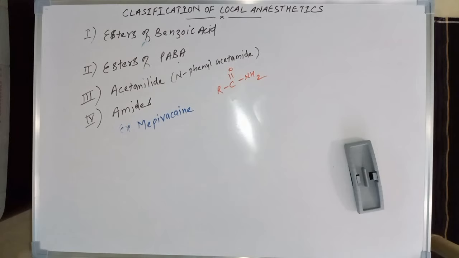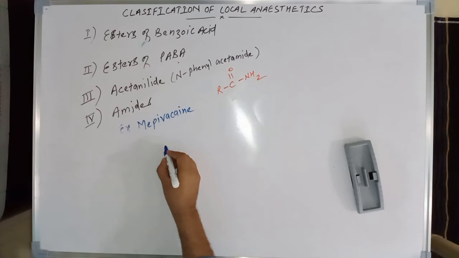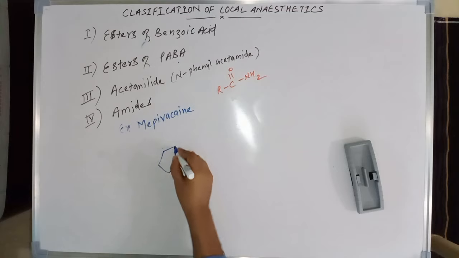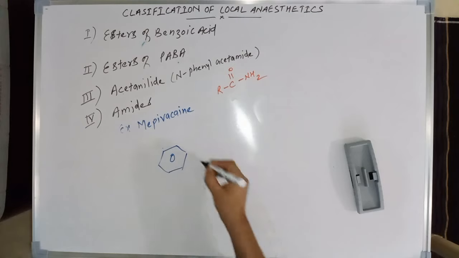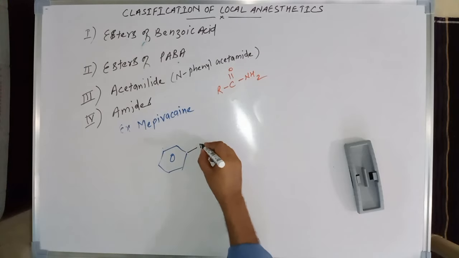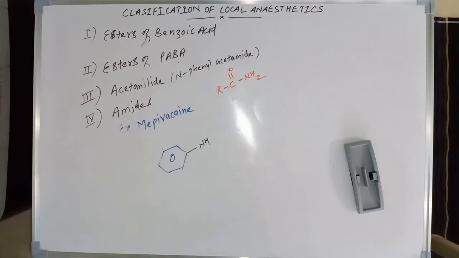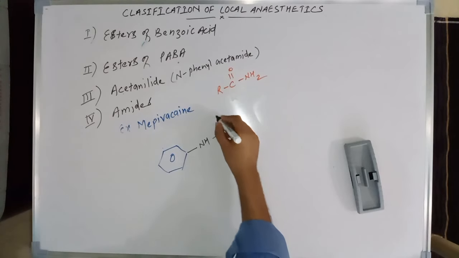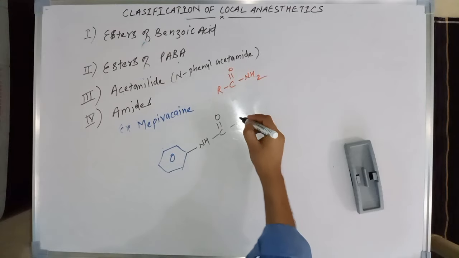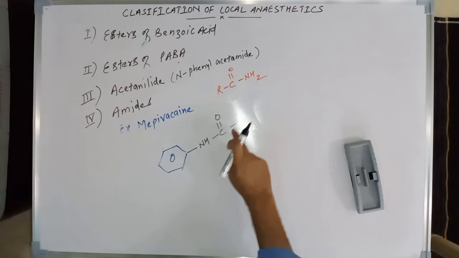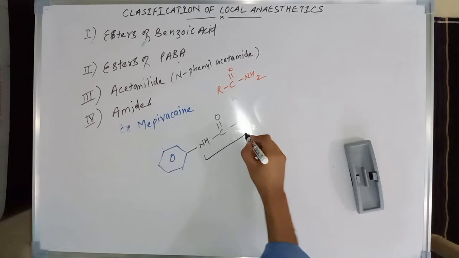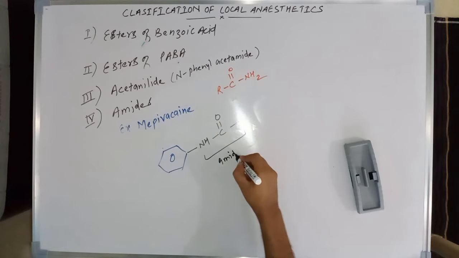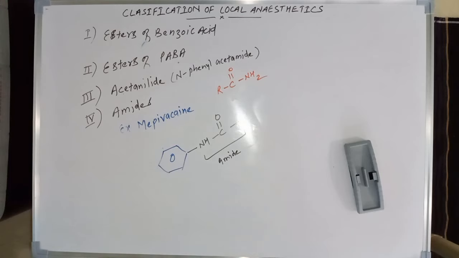So now see how the structure of the drug looks. Mepivacaine. Again, here is your phenyl group. This phenyl group is attached to NH C double bond O. Now you will see RCONH, so this is your amide. Now what is R?